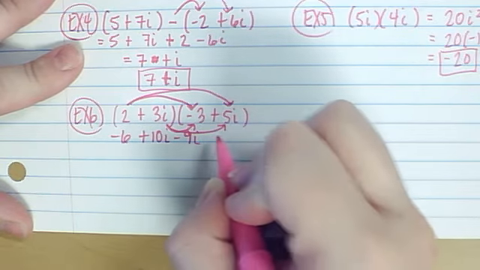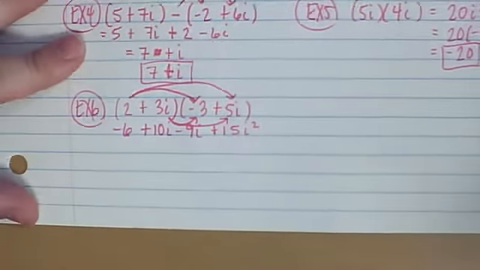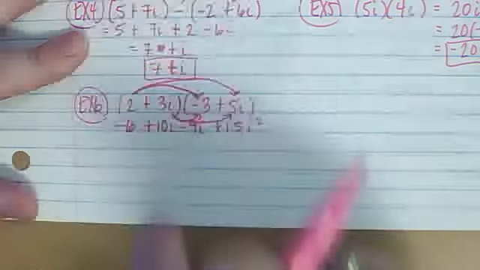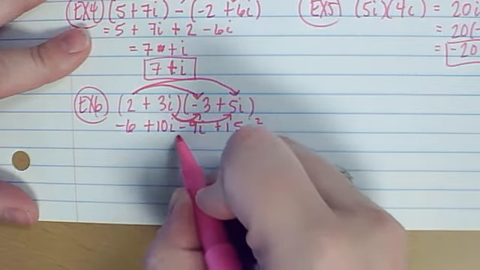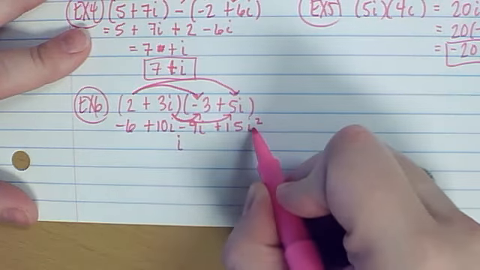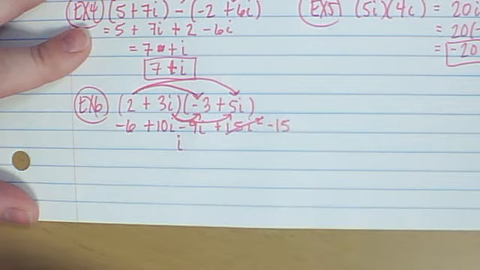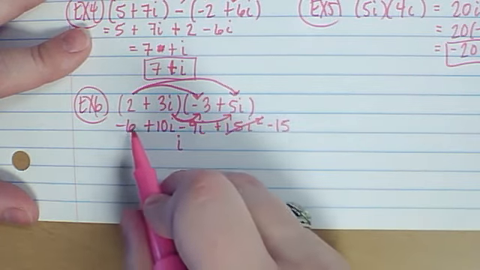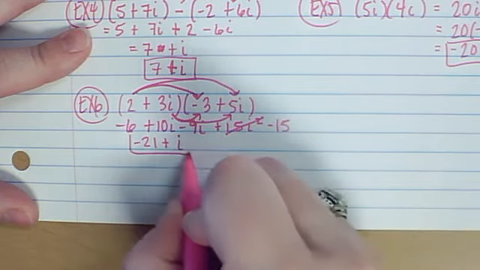And 3i times 5i is 15i squared. Okay, well, again, we're going to combine our like terms now. So I know 10i minus 9i is i. And I know i squared is -1, so this becomes -15. So if I combine -6 and -15, I get -21 plus i.